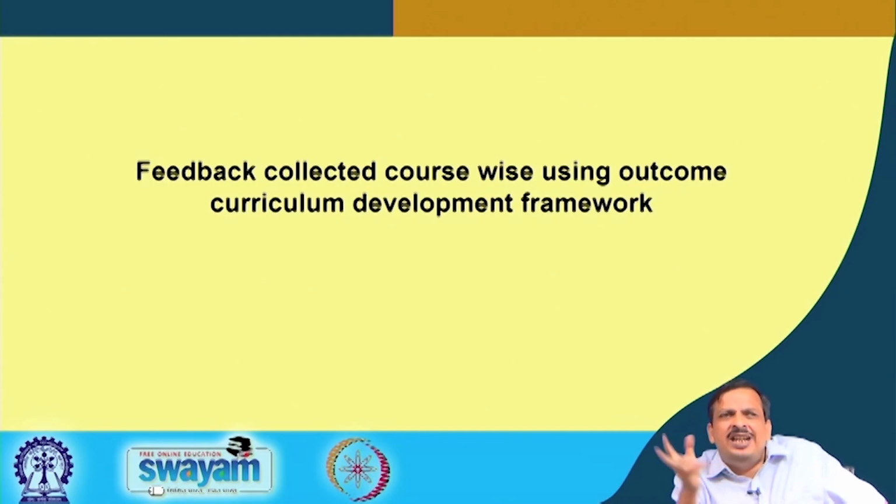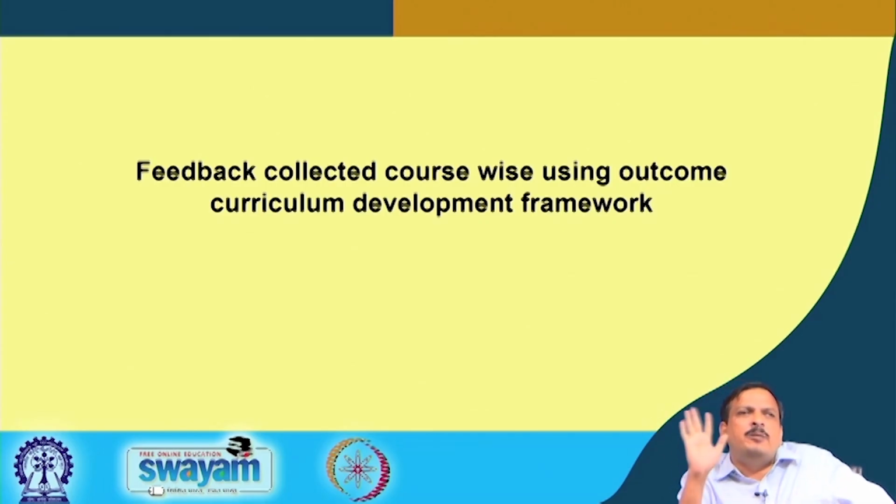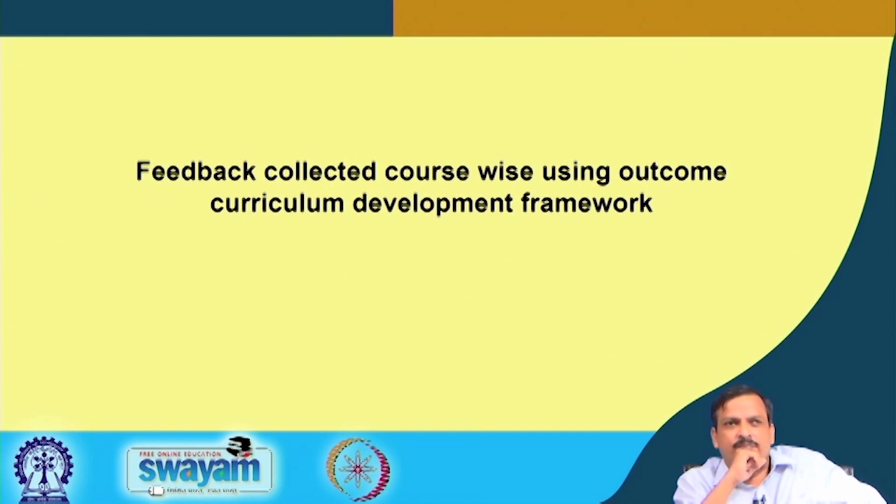So it is continuous feedback you can collect. Course wise feedback can be collected year wise also. Once the first year students complete their study, you collect the feedback: did you attain CO1, did you attain CO2? You are not collecting the teachers' feedback, you are collecting the course feedback. Teachers' feedback is a separate aspect, which will be covered in weeks 6 and 7, on what good teaching is. So collect the feedback from the students based on the outcome based curricula.